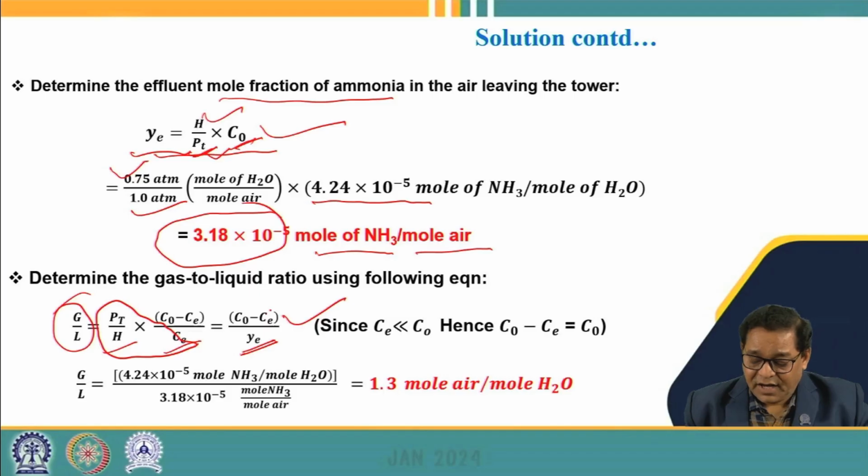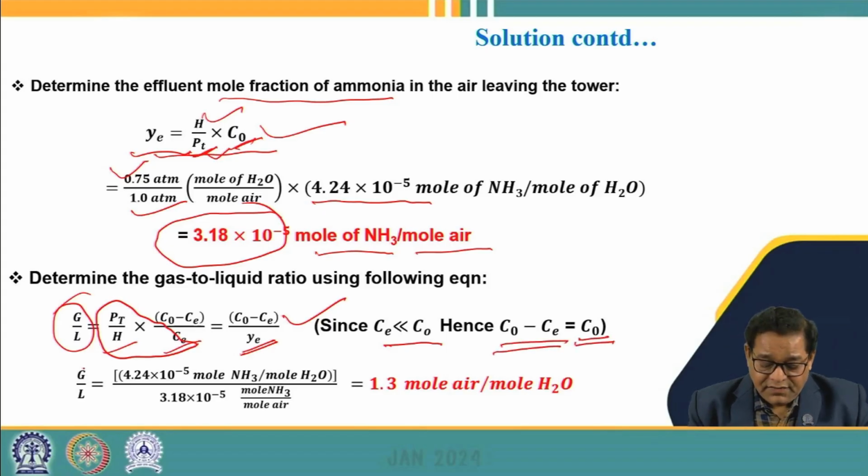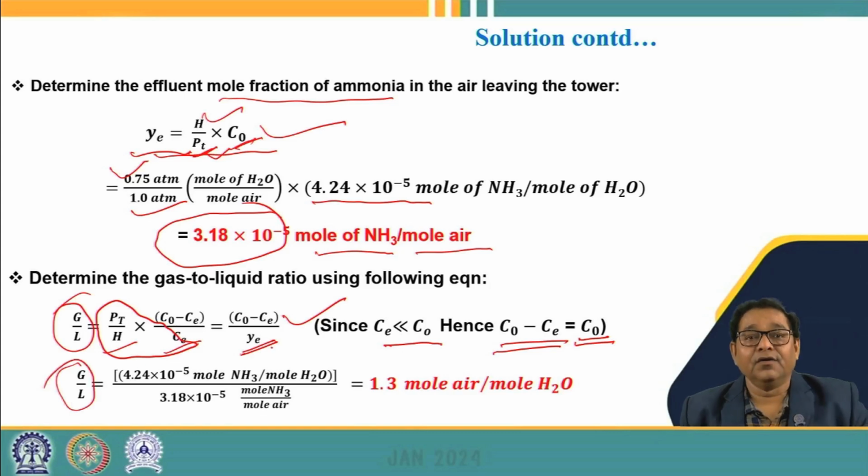And in this again, if we see Ce is very small compared to C0, so here we can take C0 minus Ce equal to C0, and then the G by L ratio will be equal to C0 divided by Ye.